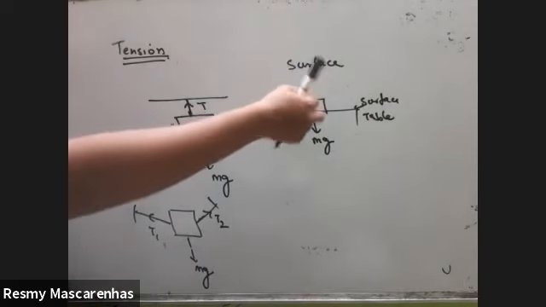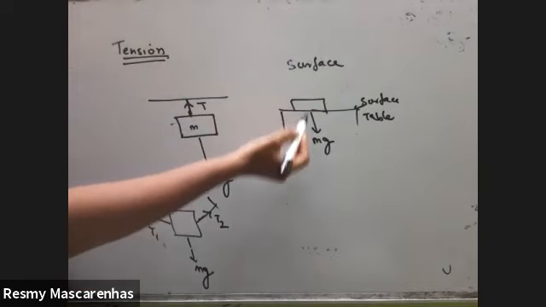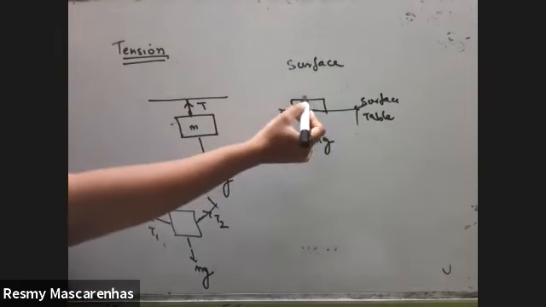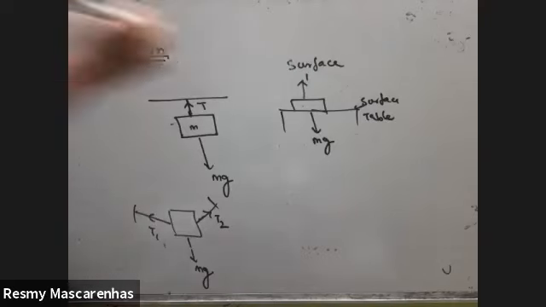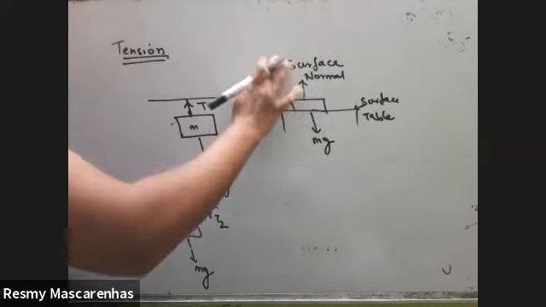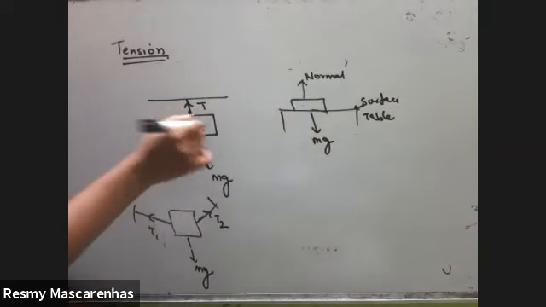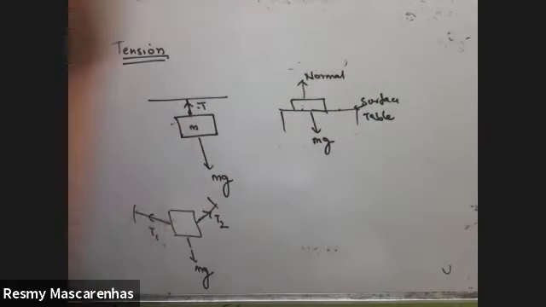It is not hanging on something for it to be called tension. Whenever any object is kept on a surface, the object still doesn't fall down because there is an upward force acting on it, that is called the normal force. So in the case of a hanging object, it is called tension, and if it is kept on a surface, it is called normal force.